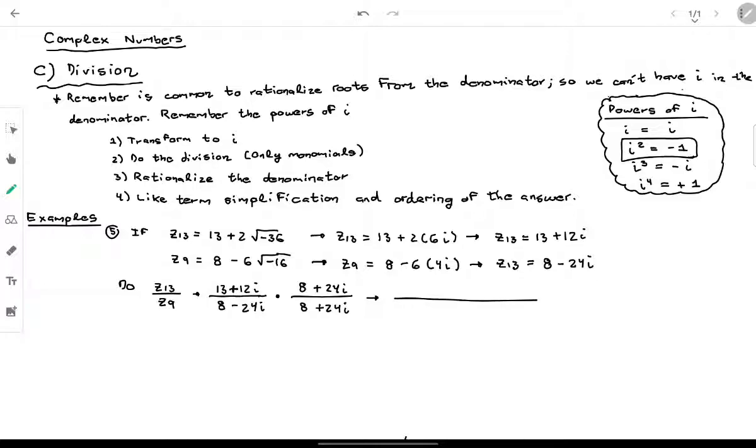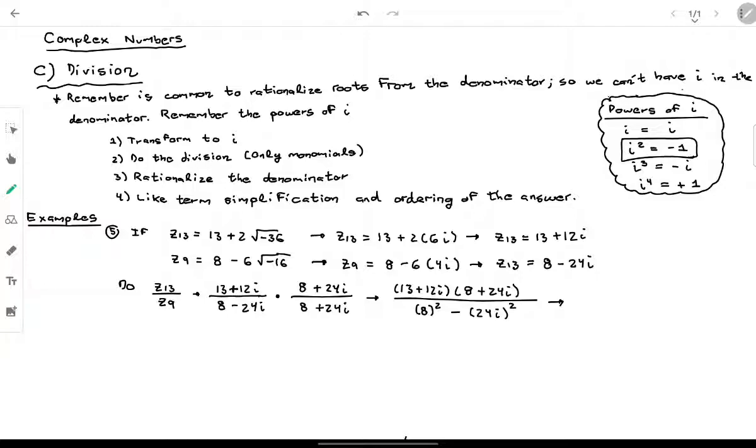On the denominator, it's going to be the one that does not change sign, squared, minus the one that changes sign, squared. What happens on top? It's going to be a normal binomial times a binomial multiplication.